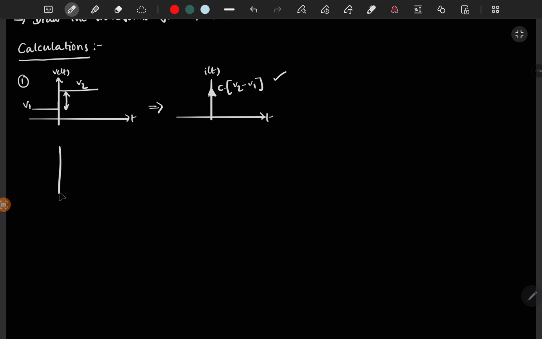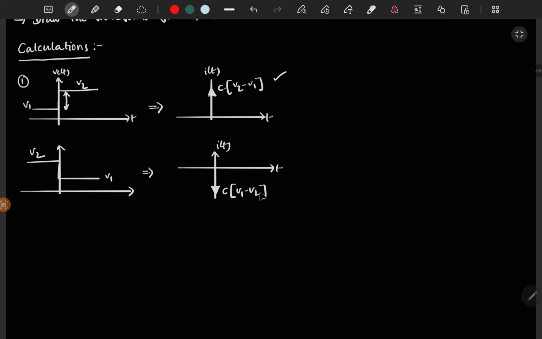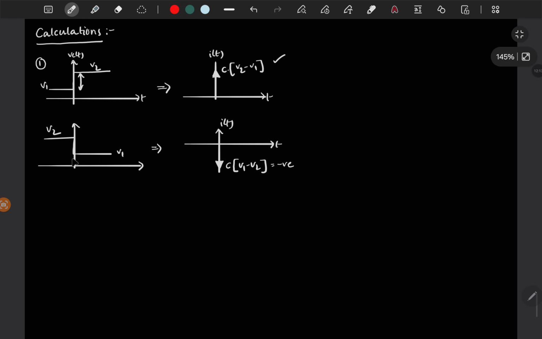Suppose if it is going from higher to lower, let's say V2 to V1, then you have impulse current I of t in negative direction with amplitude of the capacitor value times V1 minus V2. V1 minus V2 is negative. So this is the first one.